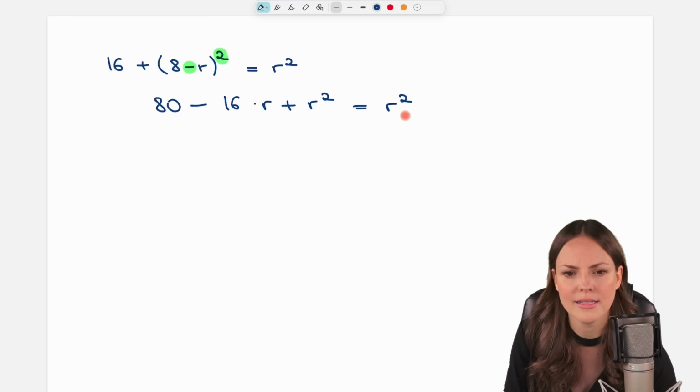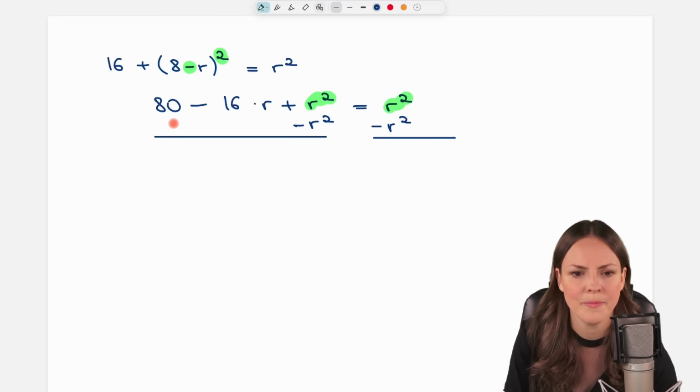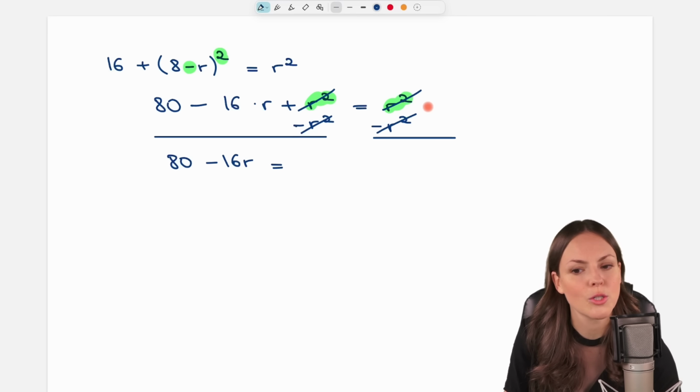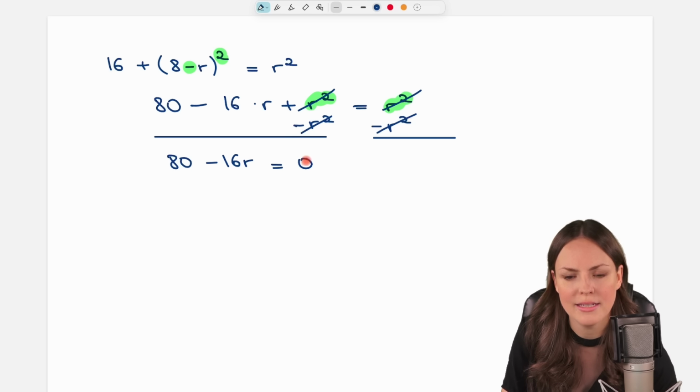And now if I take a look at this equation, I have r squared here and r squared here. So let's subtract r squared on both sides of the equation. What do I get then? I have my 80 here minus 16r. This cancels out, and on the other side, r squared minus r squared disappears as well, and we get a 0. Okay, to solve for r, let's bring this to the other side by adding 16r on both sides of the equation, so that I have my 80 here.